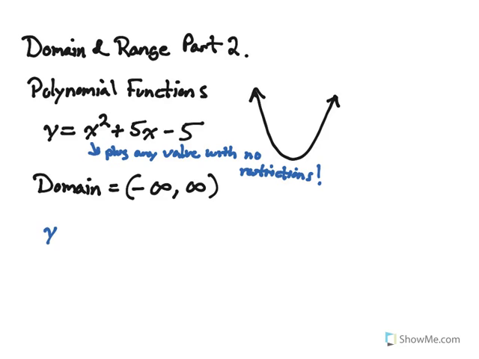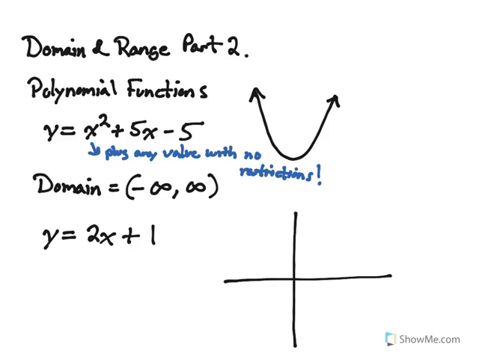Let's say you had y equals 2x plus 1. And if you graph that, you're going to get a line. Remember the 1 is the y-intercept, so that would be your first point.